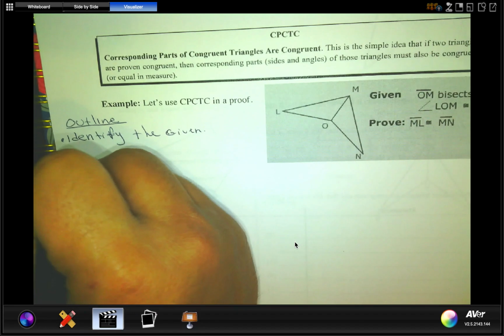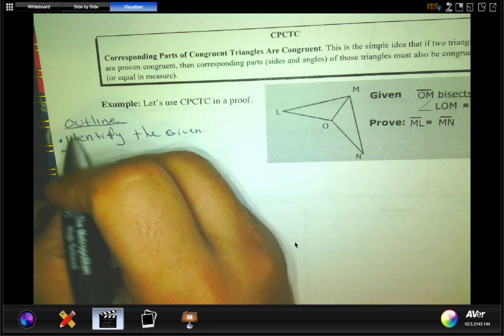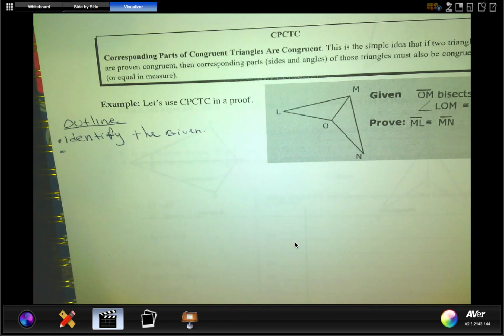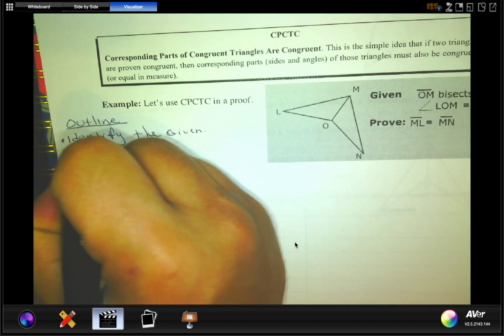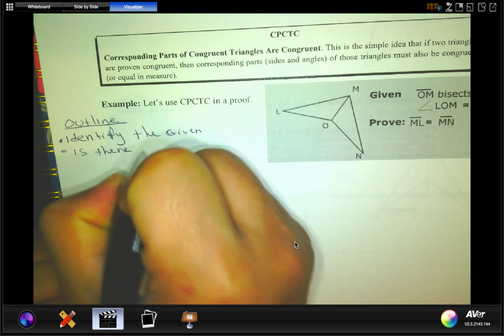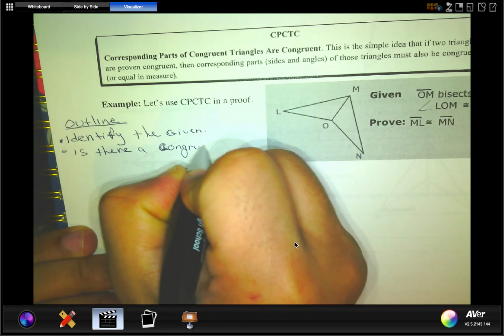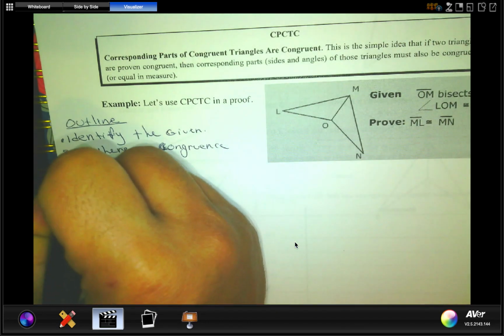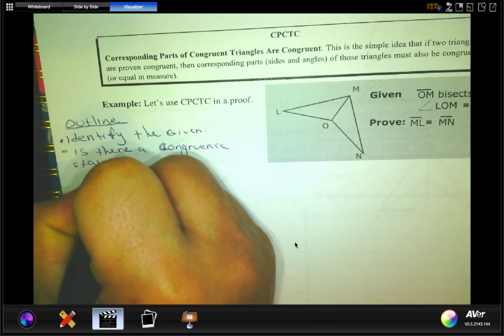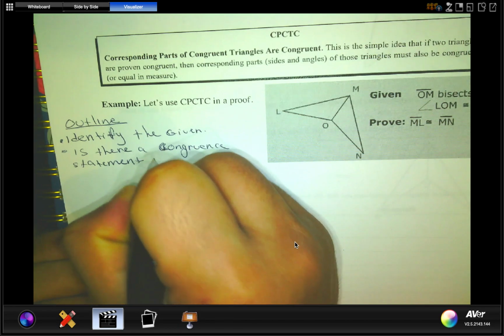The second thing that we want to do is, is there a congruence statement in the given, or can I write one based on the given?